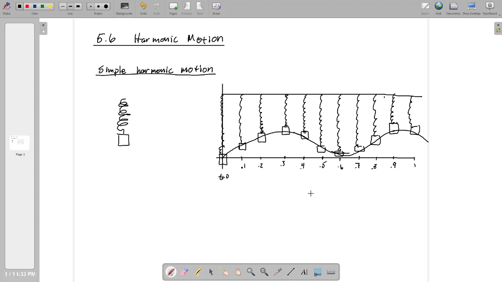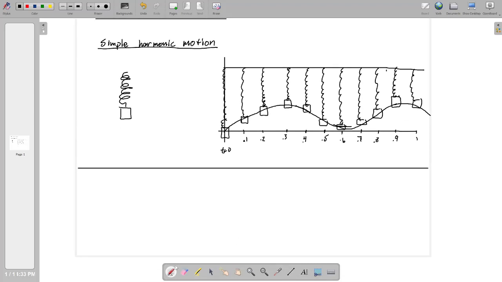Now this is what we mean by simple harmonic motion. It continues to oscillate back and forth forever, really. Later on, we'll talk about damped harmonic motion. But for right now, let's just think about simple harmonic motion. So simple harmonic motion will always be this oscillation curve, either a sine curve or a cosine curve.